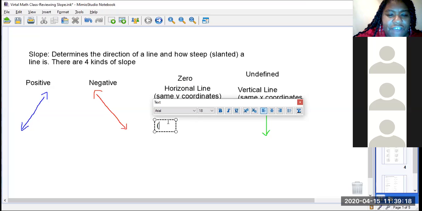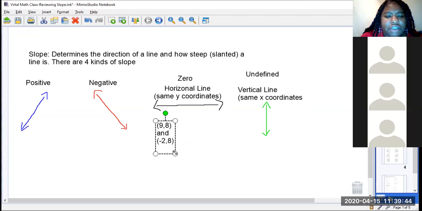All right, so if I had 9, 8 as one coordinate, and let's see, -2, 8, and they said find the slope.